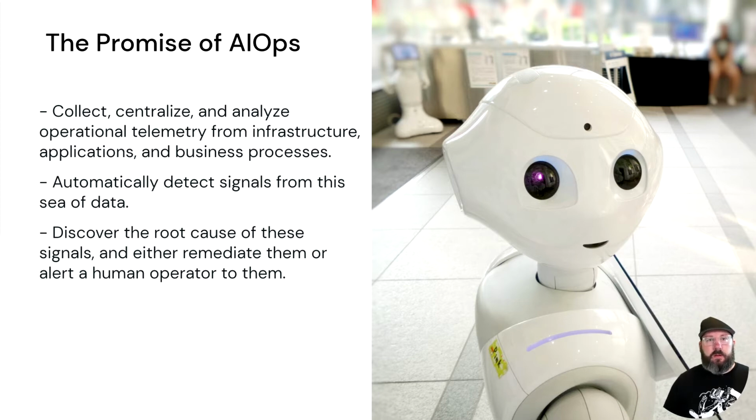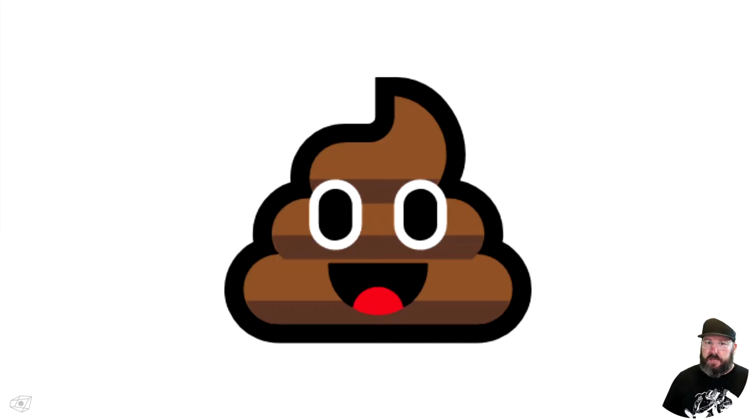And this is all well and good, and there's just one problem. There's one thing keeping us from our beautiful robot future, and it's that, by and large, this is all.